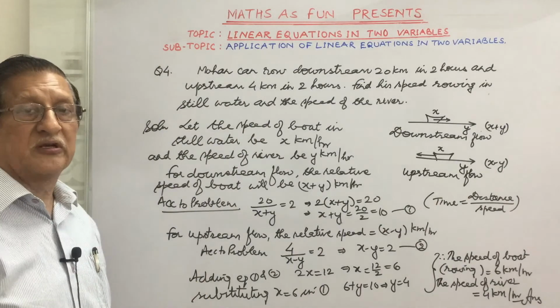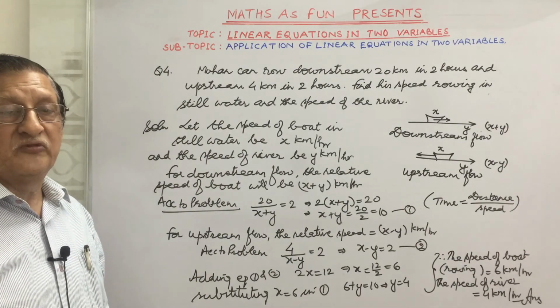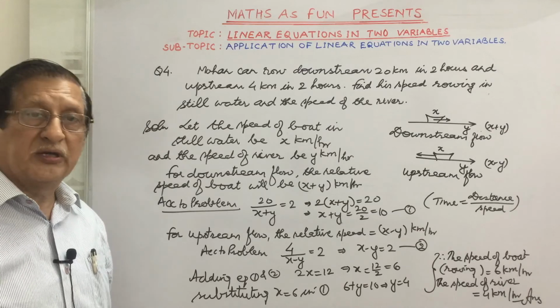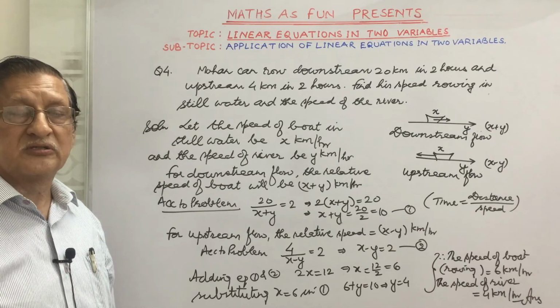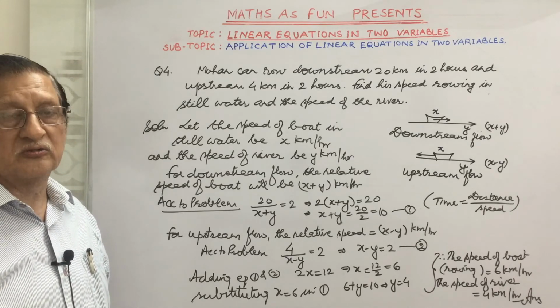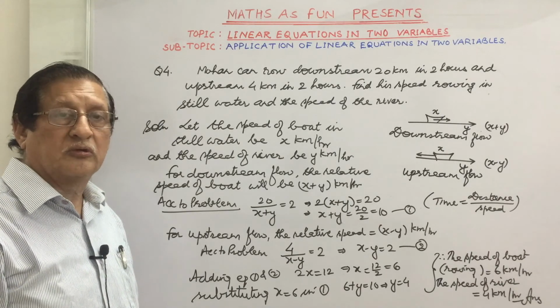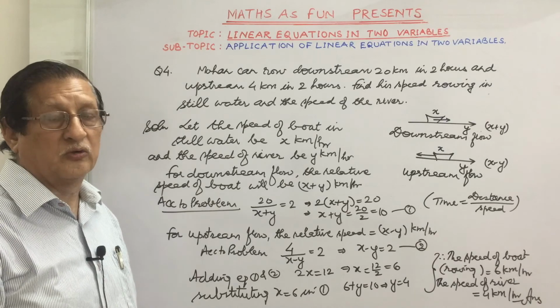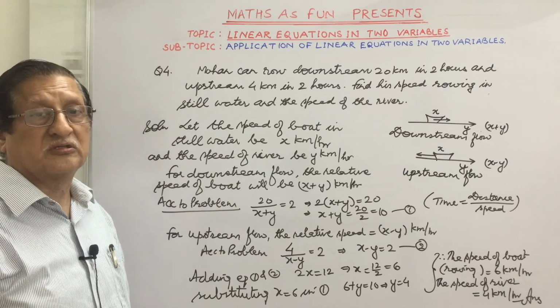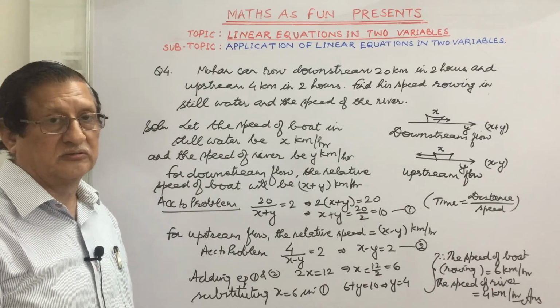So like this we can find the solution of the problems given to us by converting them into a pair of linear equations in two variables and finding their solution. I think from these problems you must have understood how to convert the given word problem into linear equations and then find their solutions.